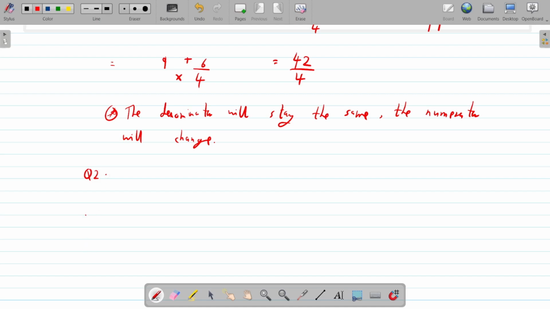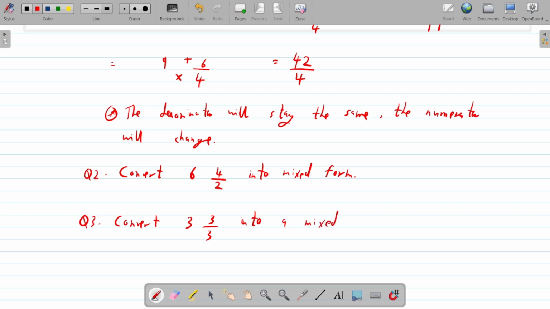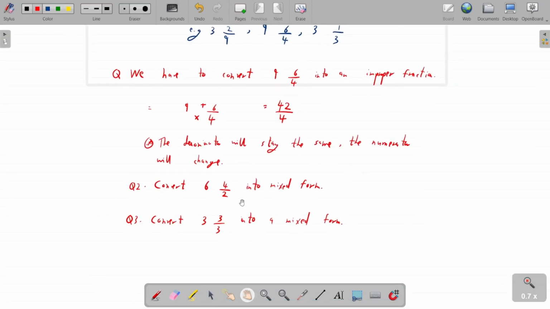Question 2 and question 3. Convert, let's say, 4 by 2 into mixed form, and convert 1 by 3, so say 3 by 3 into mixed form. Okay, and if you have these 2 questions, do them and then tell me.